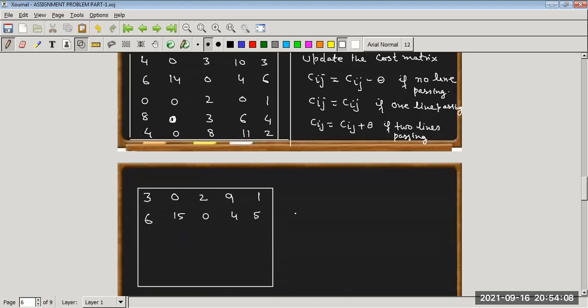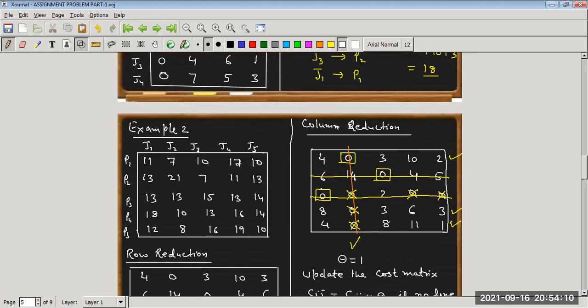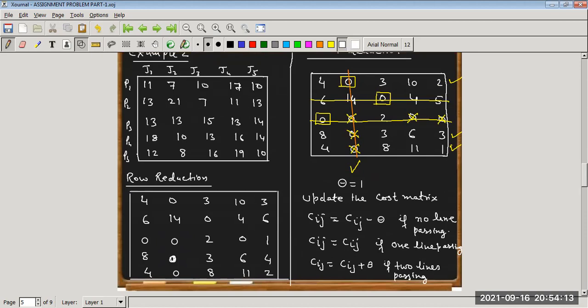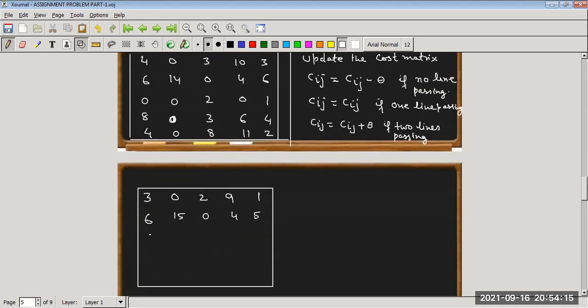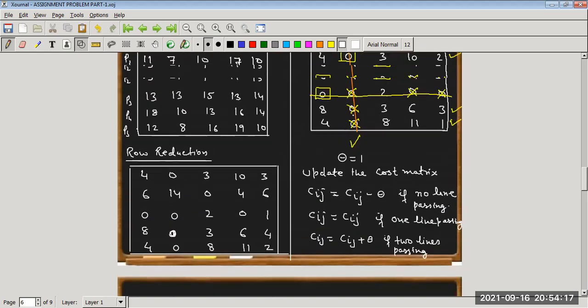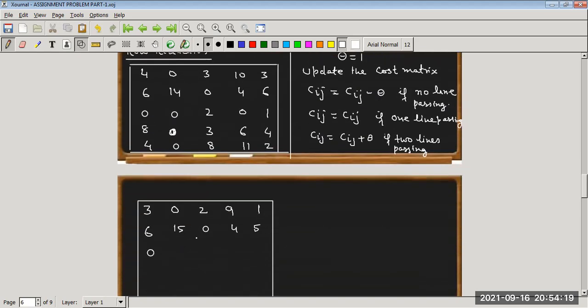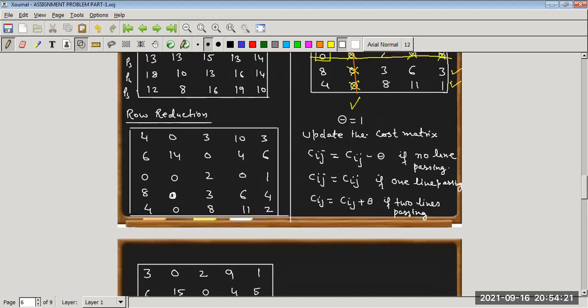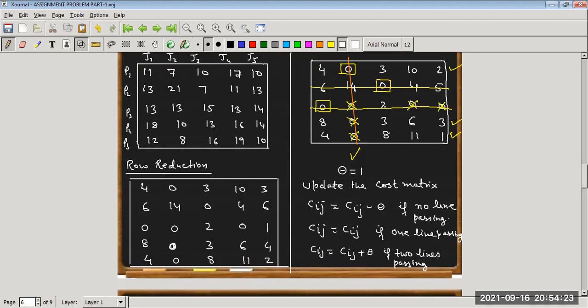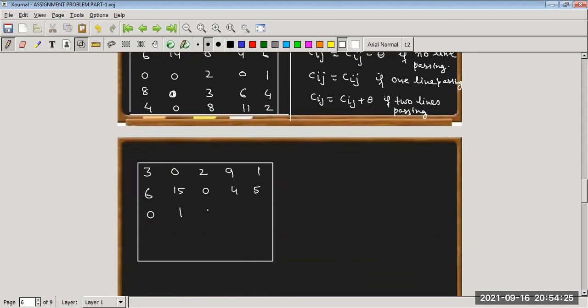Now in the third row, 0 stays because one line is passing through it, so we put 0. In the next 0, 2 lines are passing through it, so it becomes 1. In the others, 2 0 0 remains the same because only one line is passing through it.